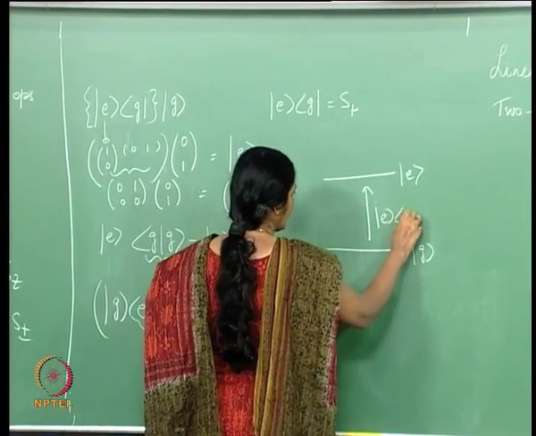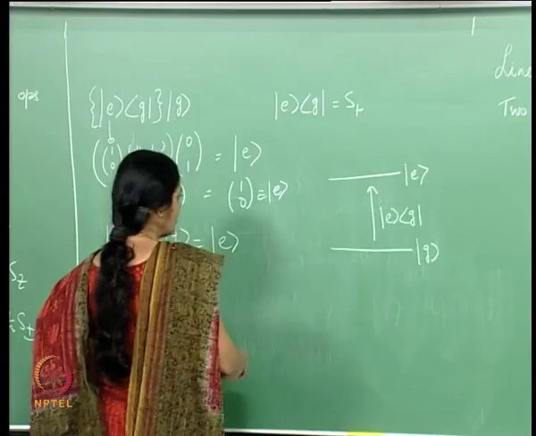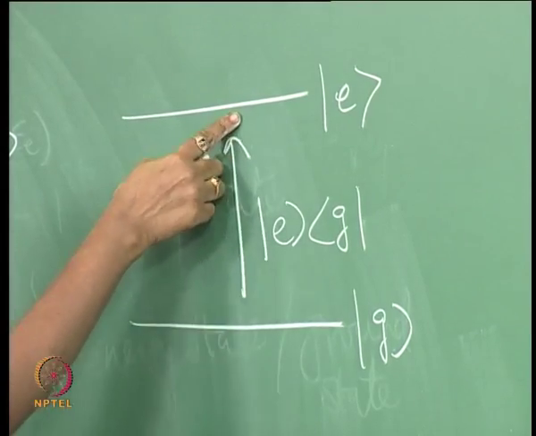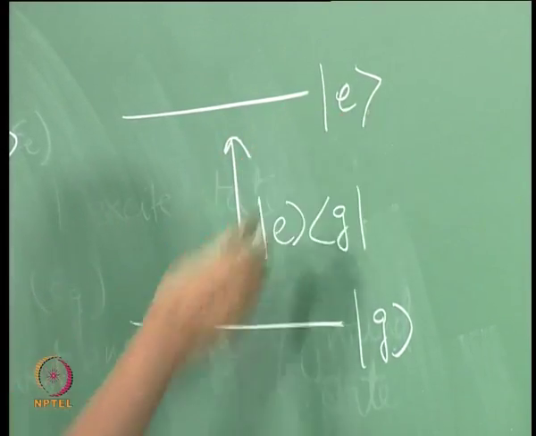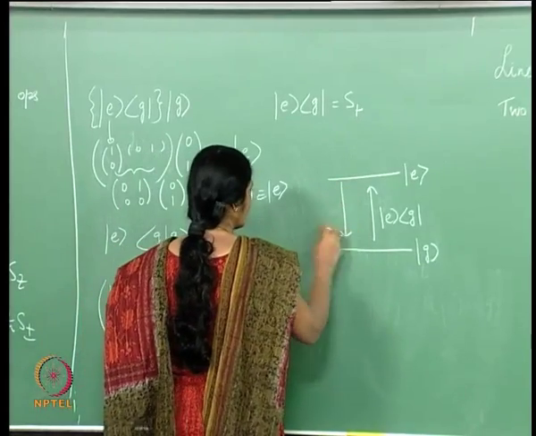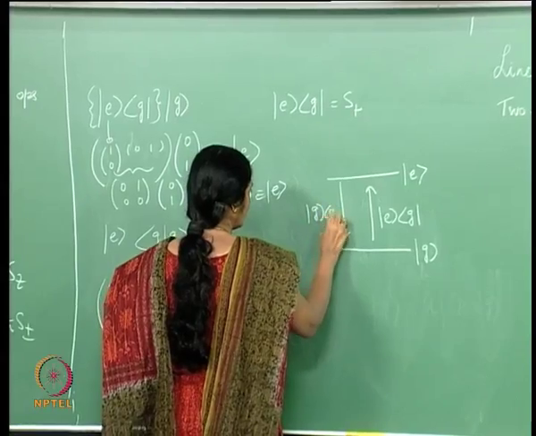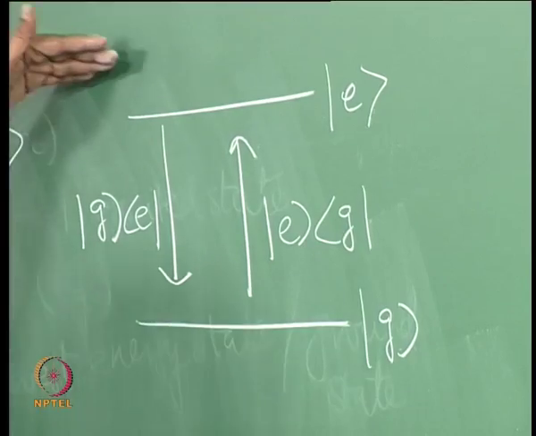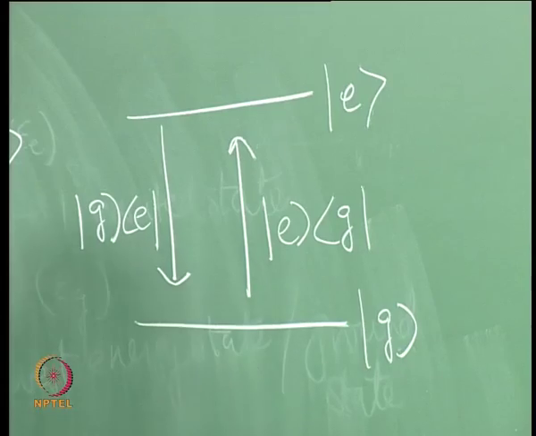So the operator ket E bra G takes the ground state to the first excited state. The operator ket G bra E brings down the first excited state to the ground state.